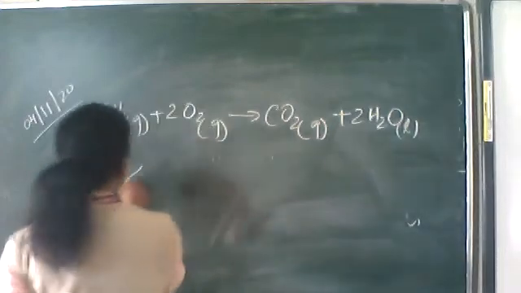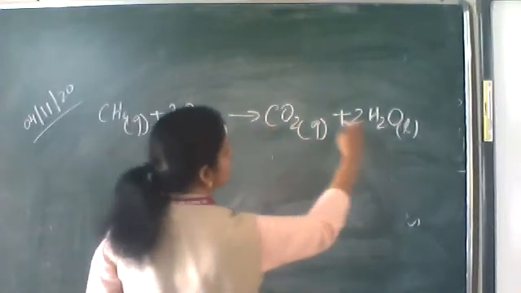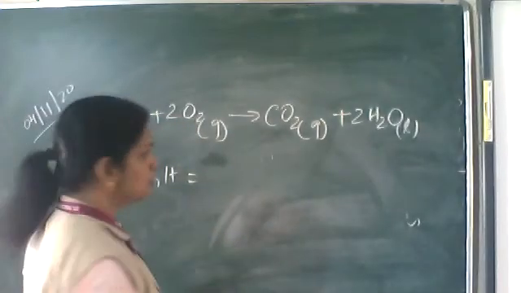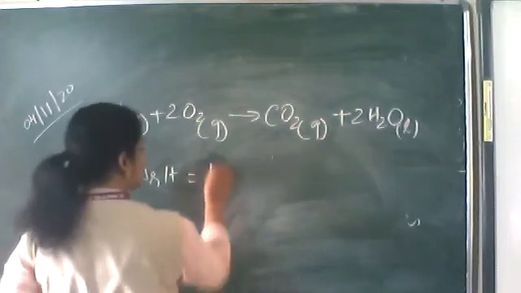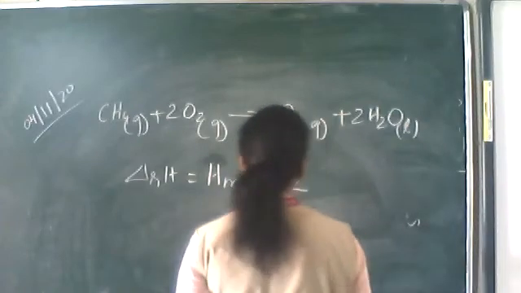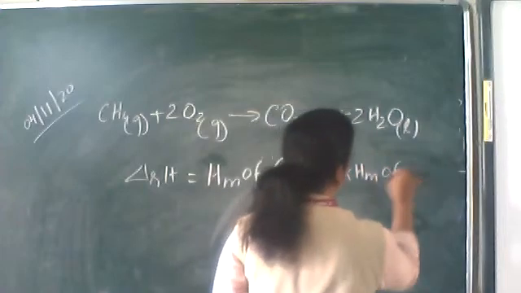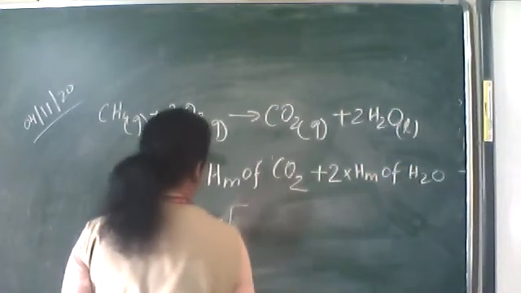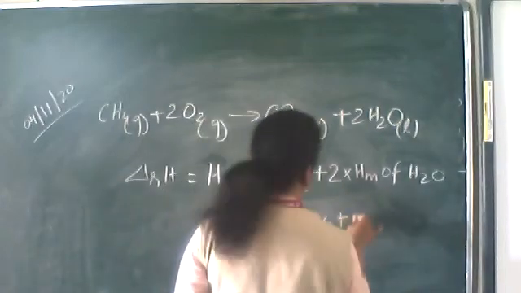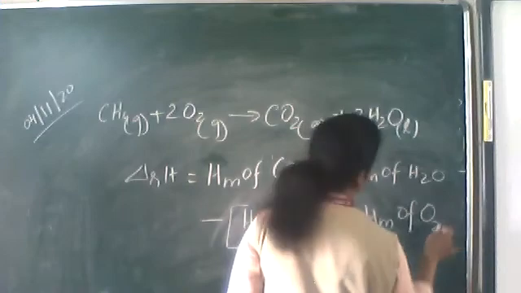So here delta R H is equal to enthalpy of this plus enthalpy of this minus enthalpy of these two things. So for that we'll write HM of CO2, molar enthalpy of CO2, plus twice HM of water, minus HM of CH4 plus twice HM of O2.